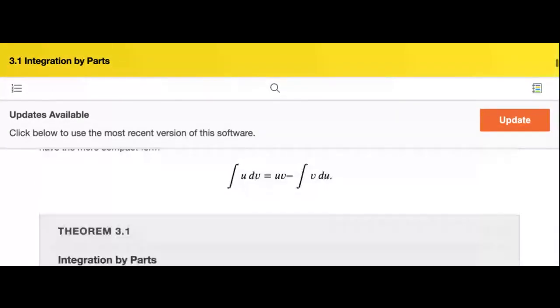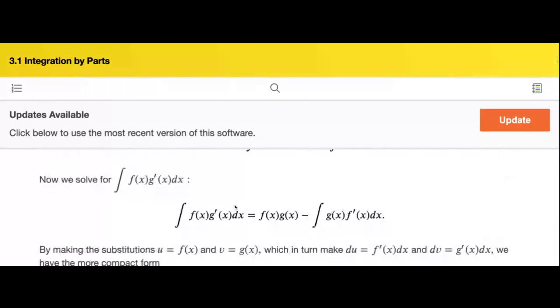We think of x as one function, and sine x as the derivative of some other function. Then we write it this way: that equals the original product of functions minus the anti-derivative of the other part.